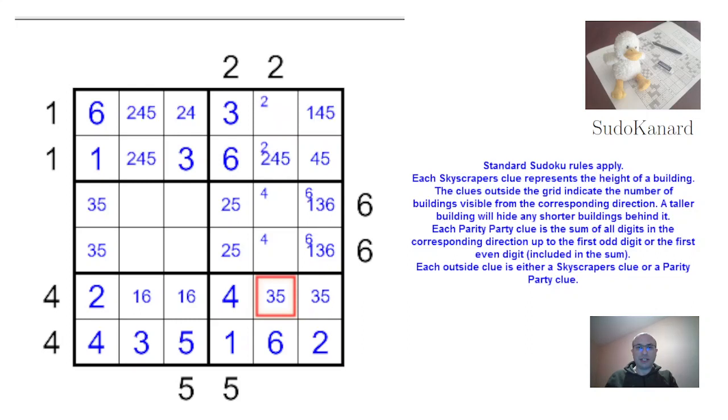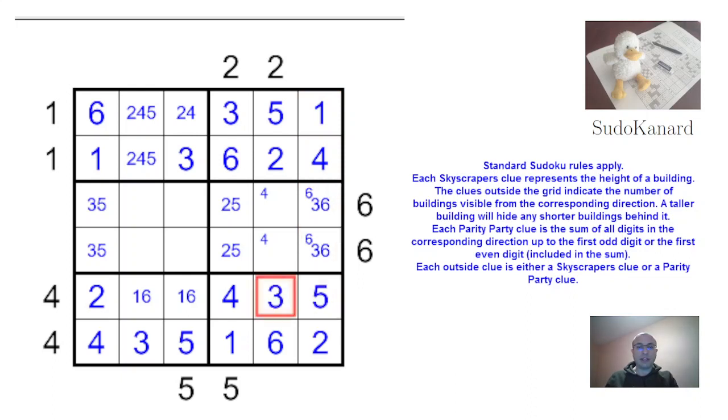So I don't think this 2 clue is well, let's just see what it does if we use it as a skyscrapers clue. And let's not forget that this can't be a 4. So as a skyscrapers clue, this would be a 5, hiding all those digits, all those buildings. That's 4, that's 1.